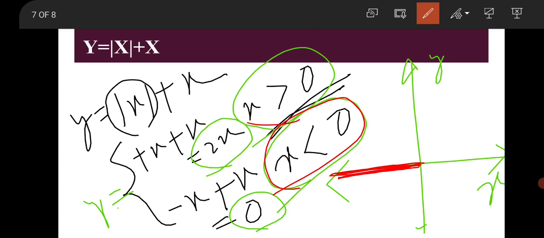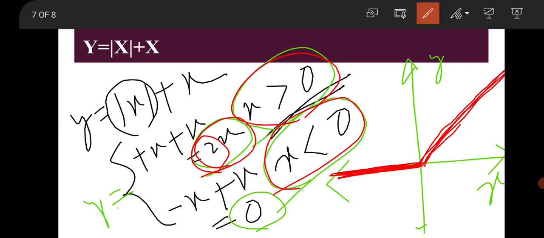And for x greater than 0, the function is equal to 2x, that means a straight line passing through origin with a slope of 2. This is just a single line, so the graph will be like this for the function y equal to mod x plus x.